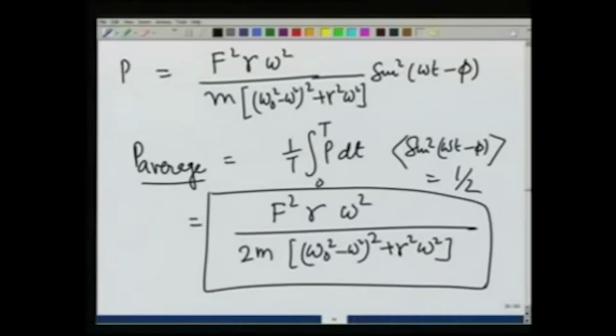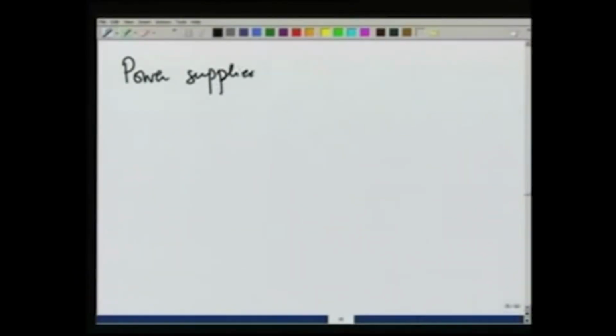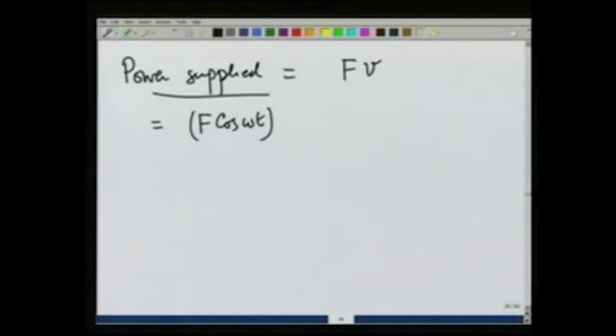Is it equal to the power supplied? It should be. Let us calculate that. Power supplied is going to be equal to the force applied times the velocity, and this is going to be equal to f cosine of omega t. Remember, force is changing with time. Let me write this f of t.